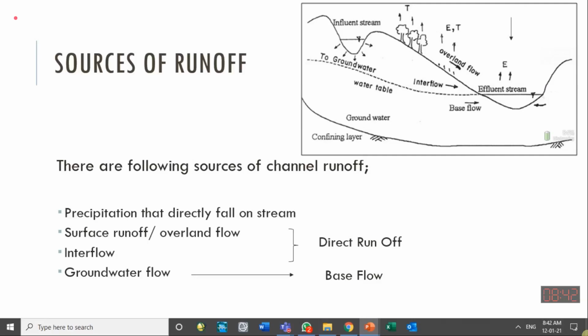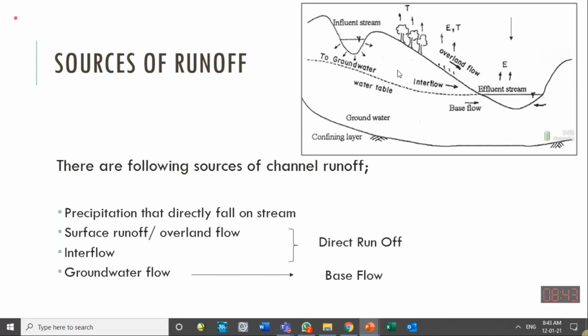So you can call this part of the soil unsaturated soil or vadose zone. That part also has some moisture, and that moisture also moves towards the streams in the downhill direction, in the direction of the downward gradient.